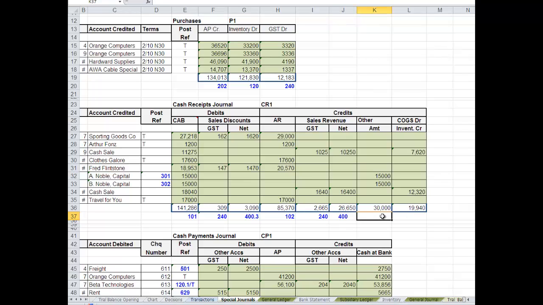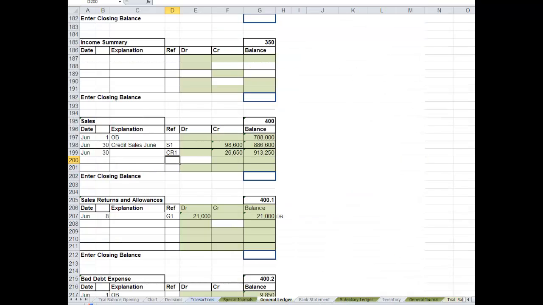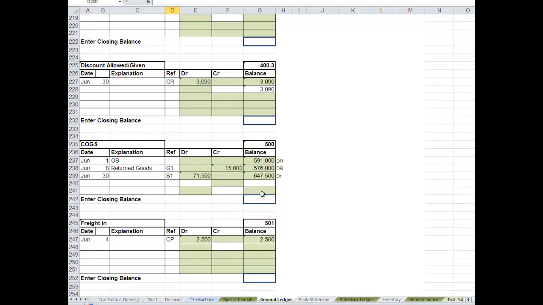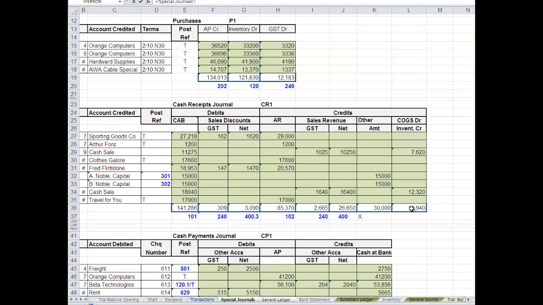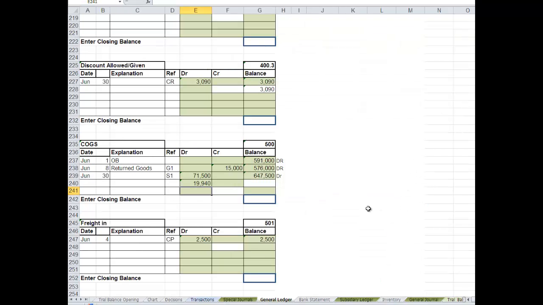Amount other, they've already been posted. It's across. Now we've got an amount to go to COGS and inventory. So debit COGS, and then we'll create inventory, June 30, CR1, fill that down.